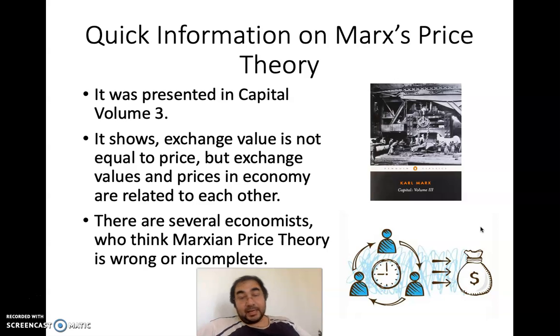And I think that angle shows that Marxian price theory is pretty much sufficient to explain how exchange values lead to prices and why exchange values are relevant and important.